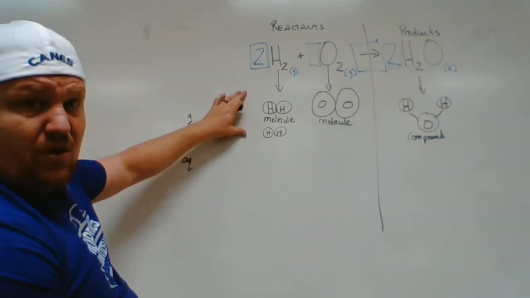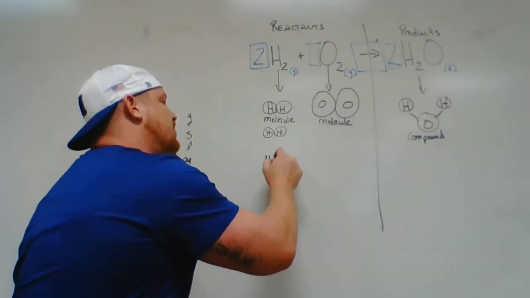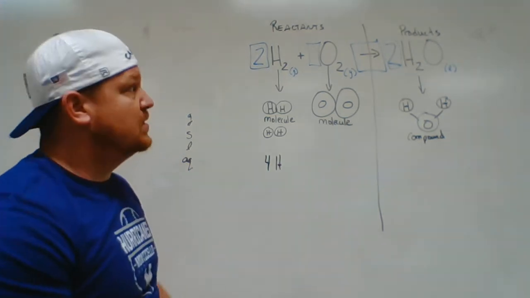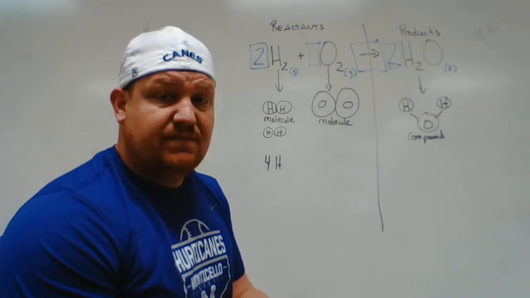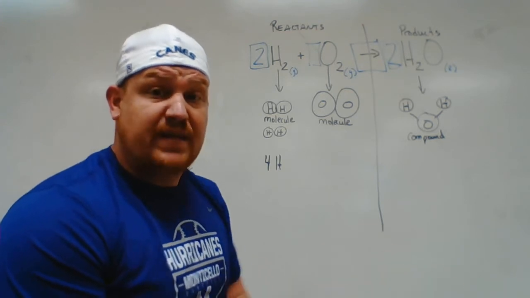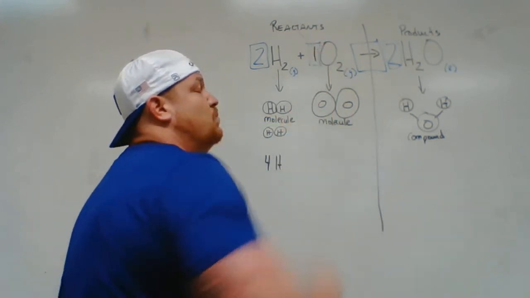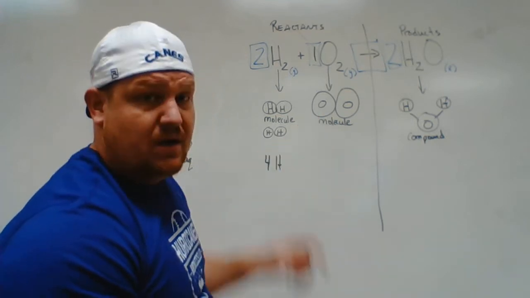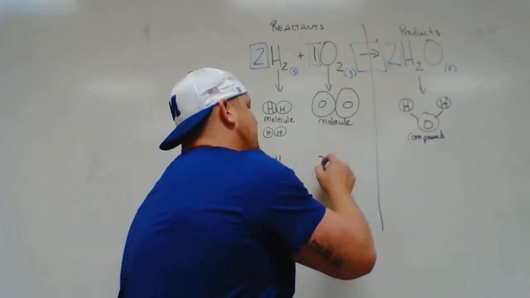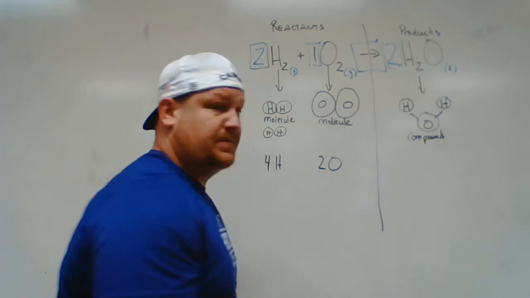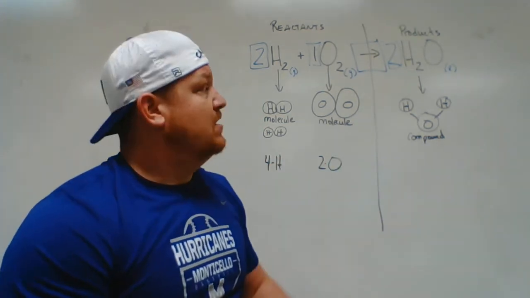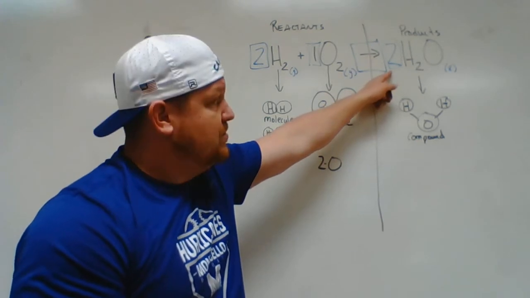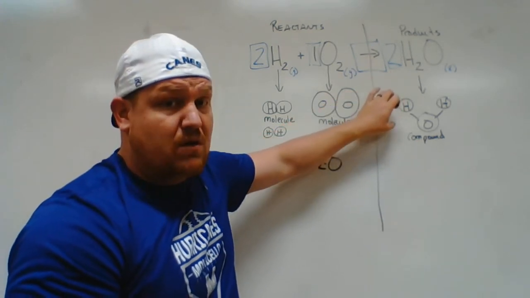So I actually have a total of 4 hydrogens over here. Now there's no coefficient here, but just like in math when you have an x, if there's no coefficient in front of the x, you assume that it is a 1. So I only have one O2 molecule. So I have 2 total oxygens. Let me fill that in. Okay. Now over here, I have another coefficient of 2, which means I have 2 of these water compounds.